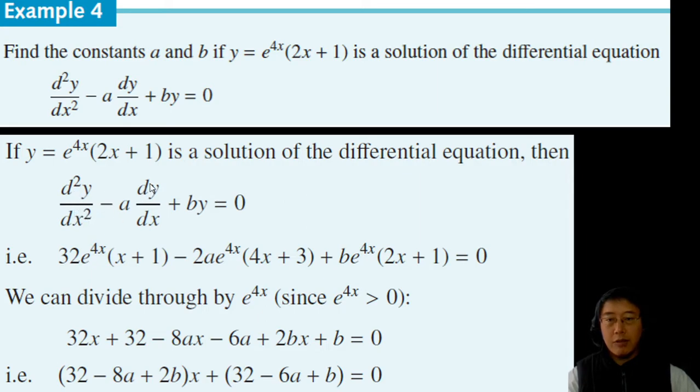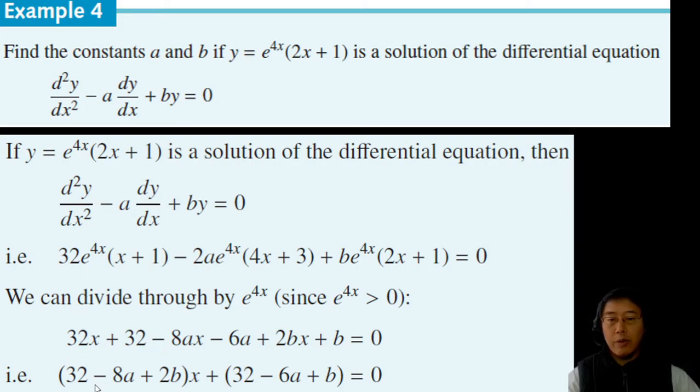You have your second derivative, first derivative, and your y function. You substitute into here. Now notice you have an exponential e^(4x) as a common factor for all of it. Knowing that it is always positive, and never equals 0, we can factorize and simplify. You end up with this equation.